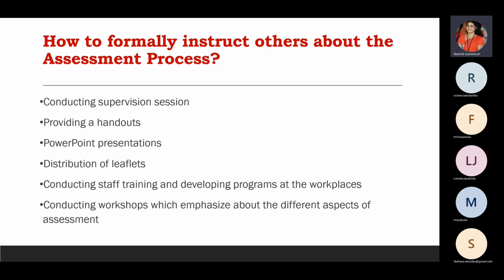Distribution of leaflets. Leaflets are a kind of small paper. It is not like lecture notes, not big A4 sheets, but when you take an A4 sheet, you can cut it into small parts, small chits.